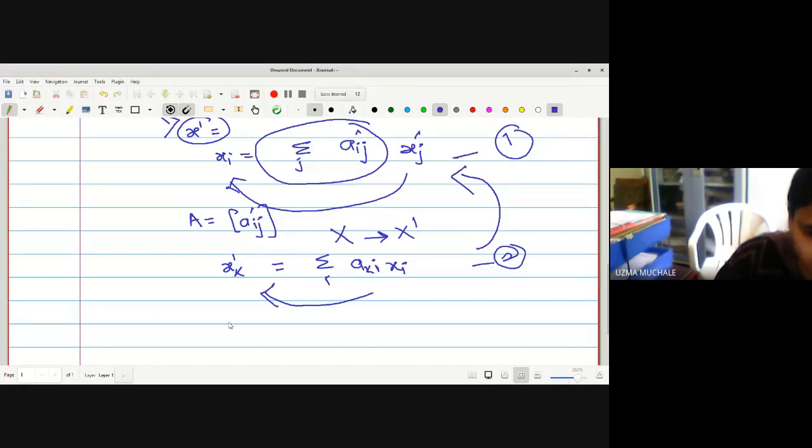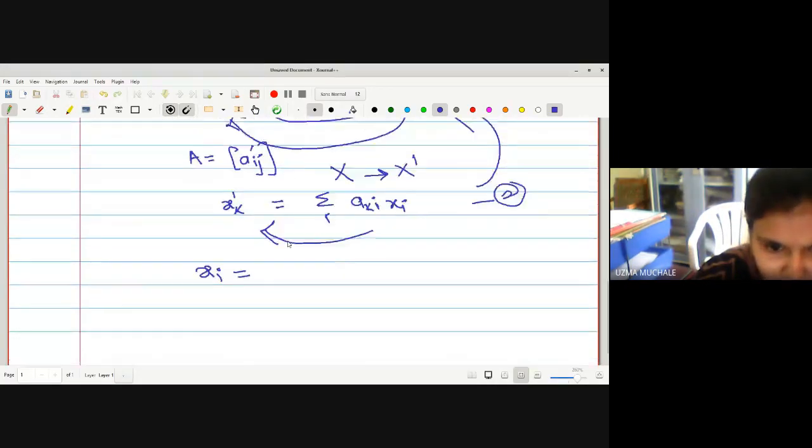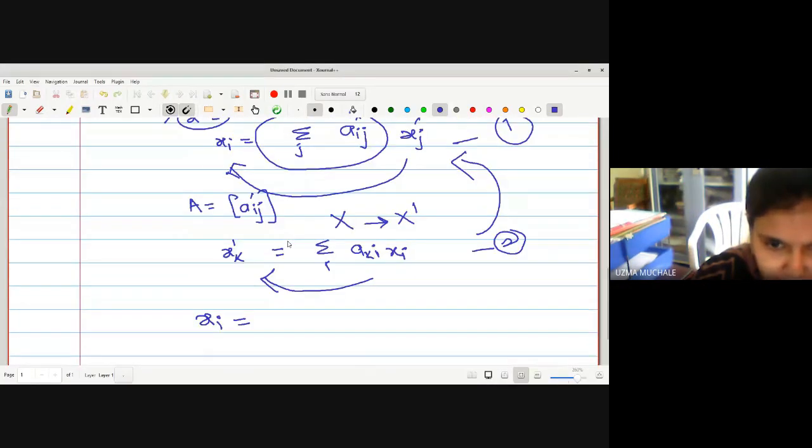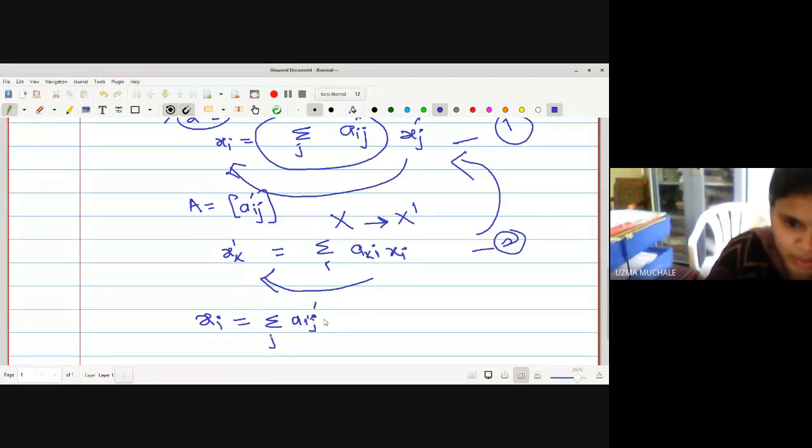In this way we can find what the inverse will be. xi is equal to summation over j aij dash xk j dash.